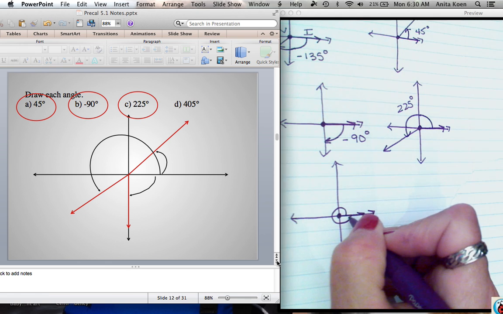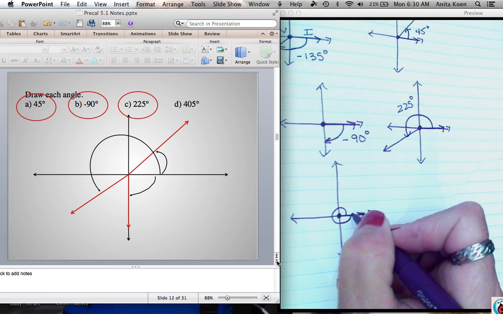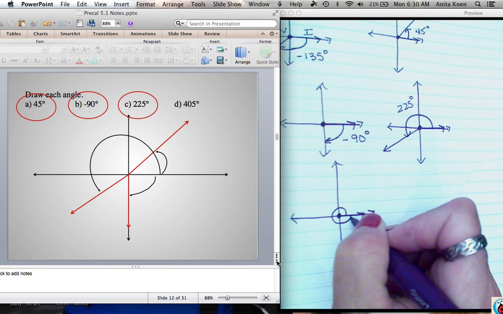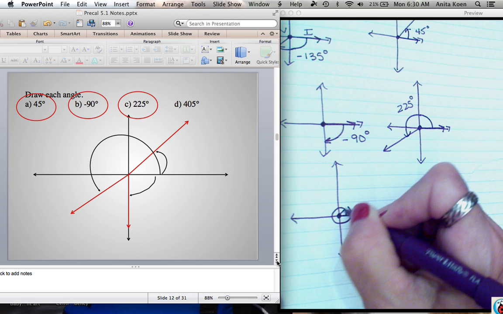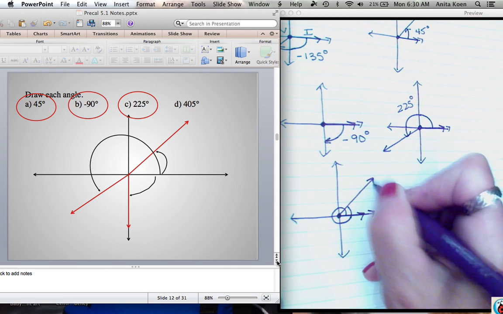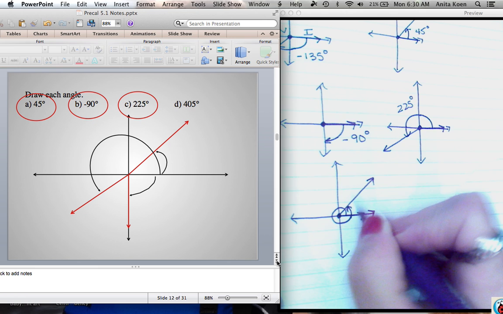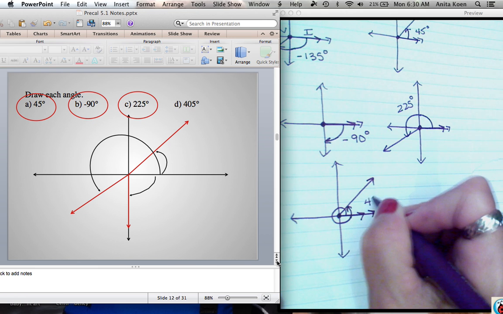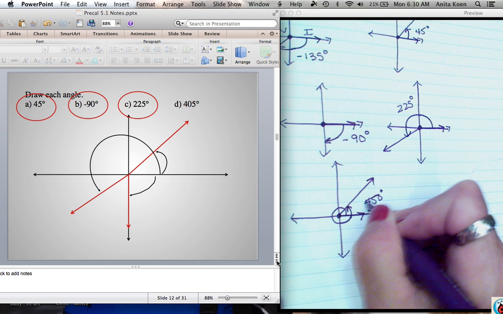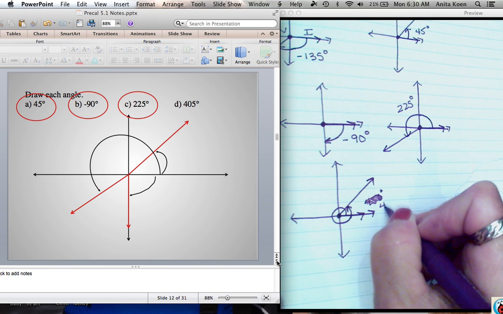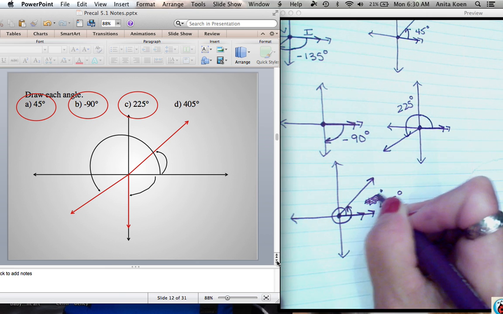So 40 more would put me at 400 and 45 more would put me at 405. So I'm going to move halfway into this first quadrant, draw my terminal side, and this would be a 405, and I wrote 450. Let me fix that. A 405-degree angle.